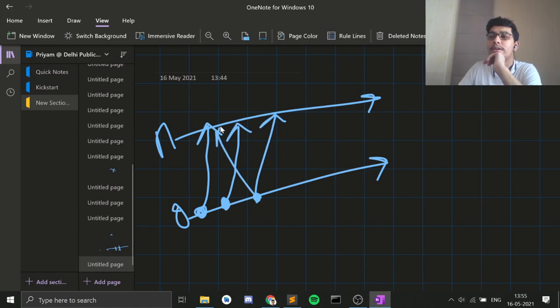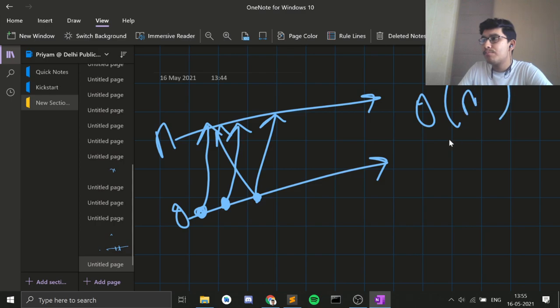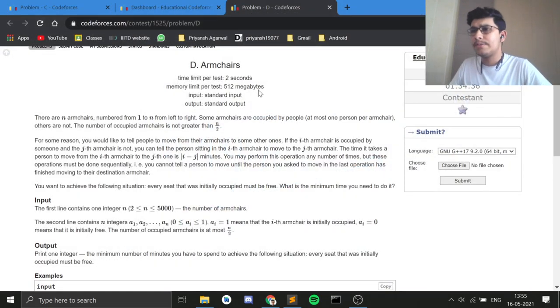You cannot go here. This is what I feel. So I don't think there should be any crossings here. It is not at all required to cross. So what I can do is make an order of n square type of a DP. Yeah, that should work.